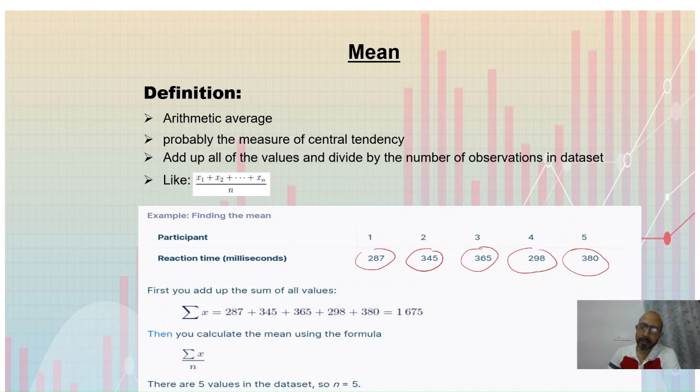Sum of x equals 287 plus 345 plus 365 plus 298 plus 380, which is equal to 1675. Then you calculate the mean using the formula sum of x divided by n. n is the number of observations in the dataset. Here there are 5 observations, so n equals 5.